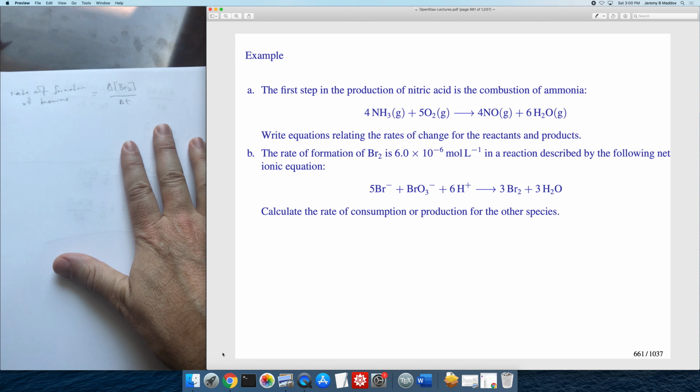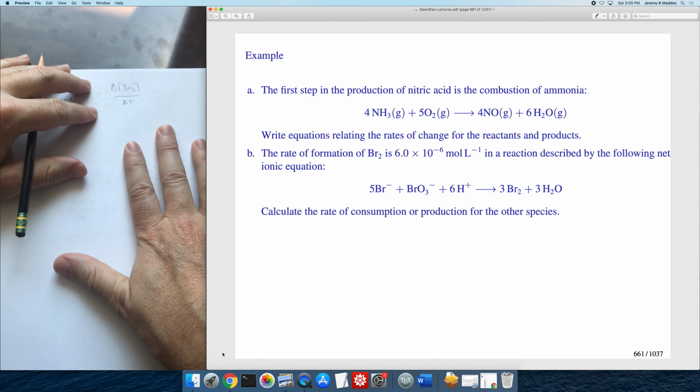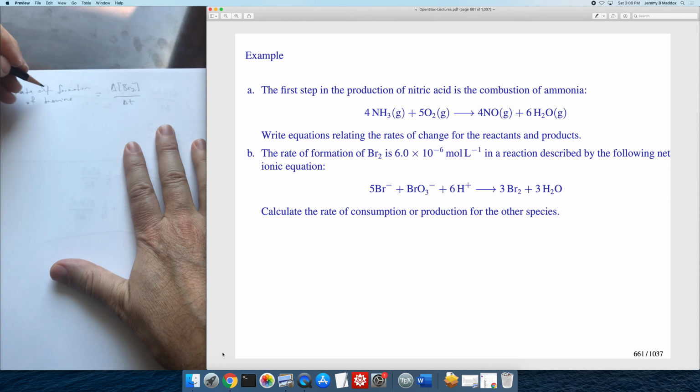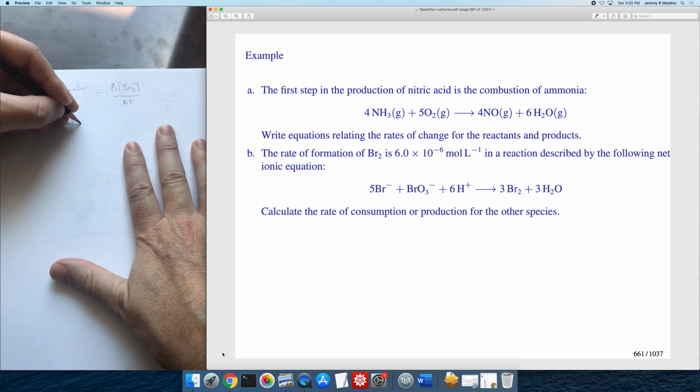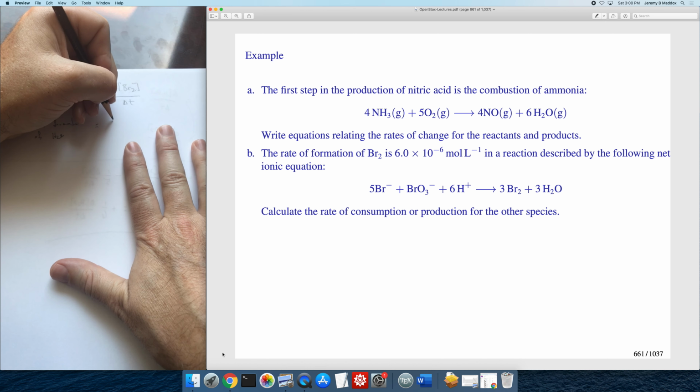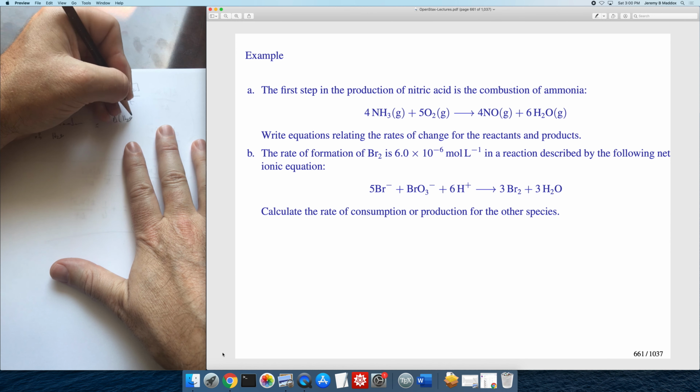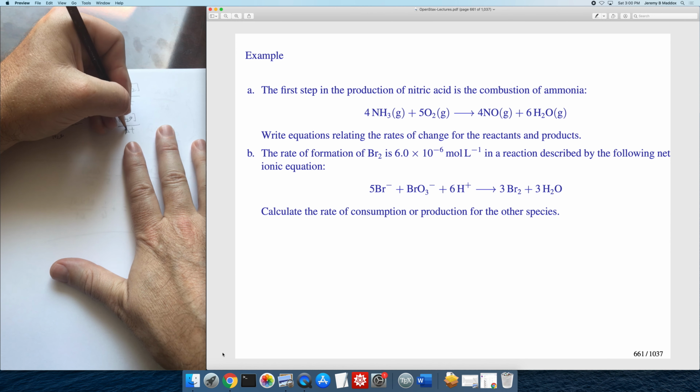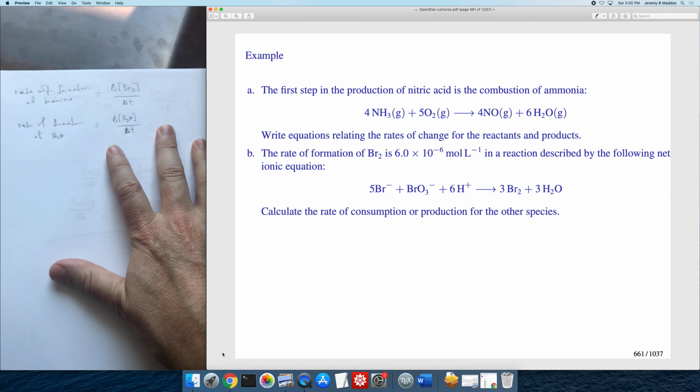Notice I didn't put a stoichiometric coefficient in here. Let me illustrate the rate of formation of water. So, rate of formation of the water will be equal to delta H2O over delta T. Didn't put the stoichiometric coefficient in here.